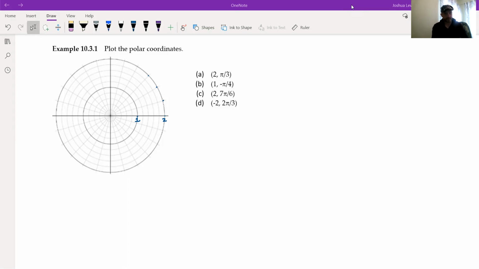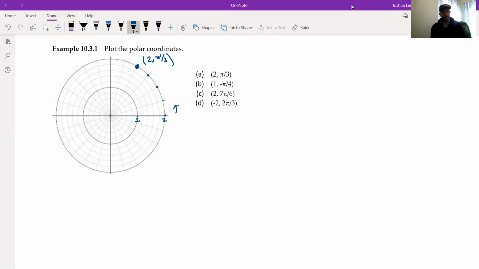So this angle here would be pi sixths, pi fourths, and then pi thirds. So that point is the point (2, pi thirds). And notice what we've done. We've started at 2, and you could picture this as having rotated this radius of length 2 on the x-axis in the positive direction, pi thirds, okay?